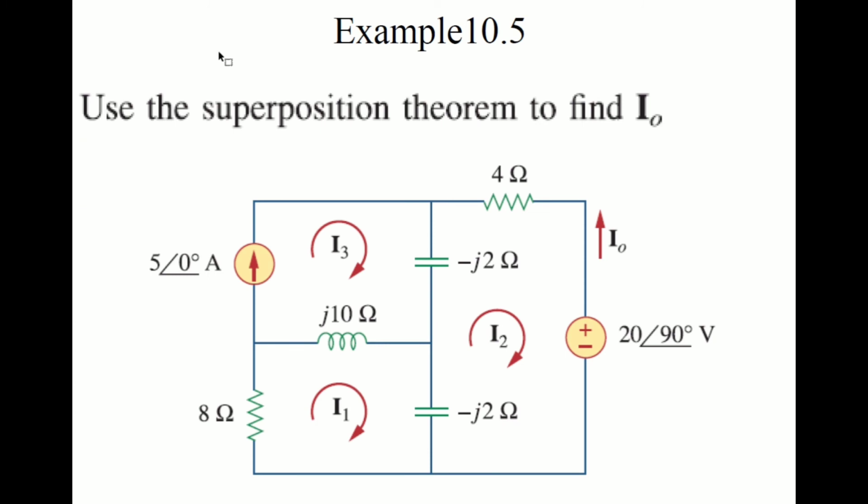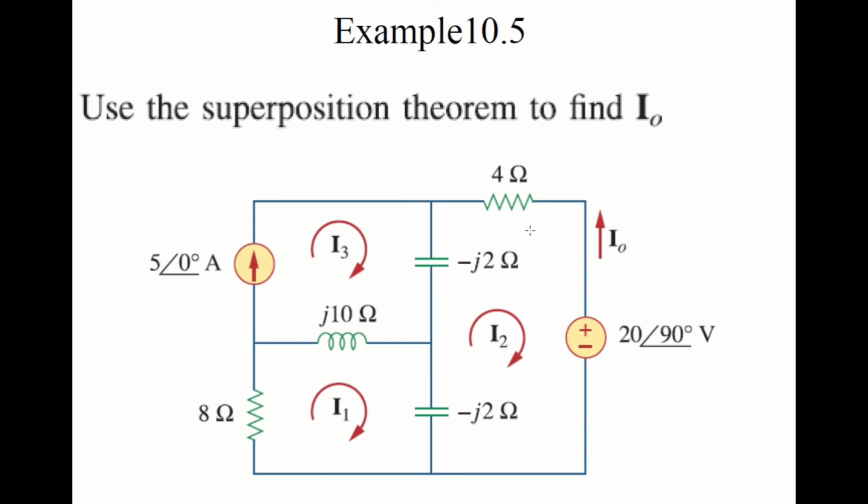So let's look into this example. The question asks to find I naught using the superposition theorem. I naught is over here.